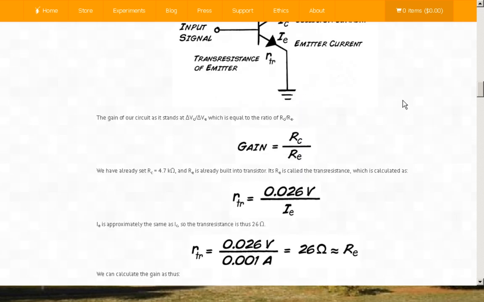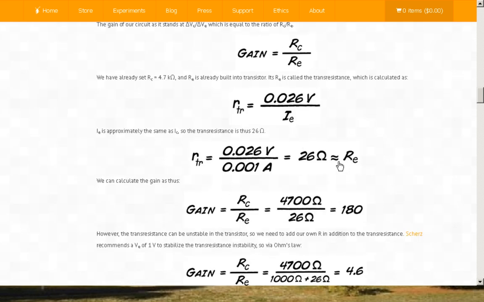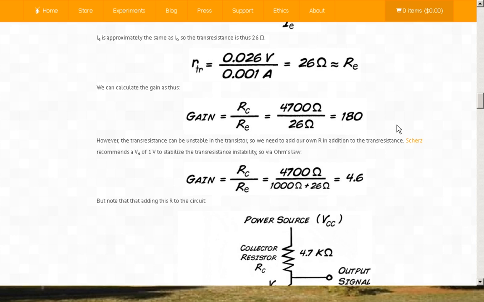RC is an emitter resistor, so there has to be an emitter resistor. We have already set RC to 4.7K, and RE is already built into the transistor. RE is called the trans resistance, which is calculated as such, 26 ohms. So the gain is 180. However, the trans resistance is unstable.